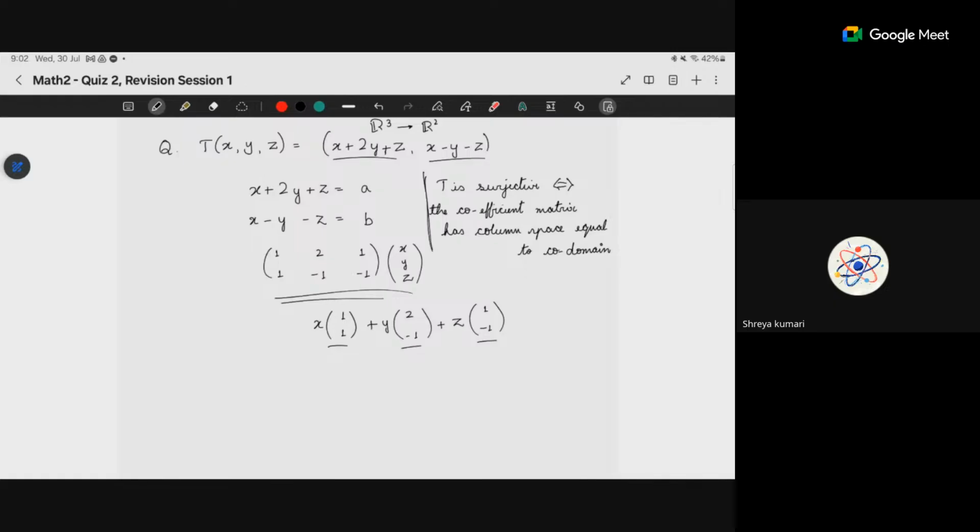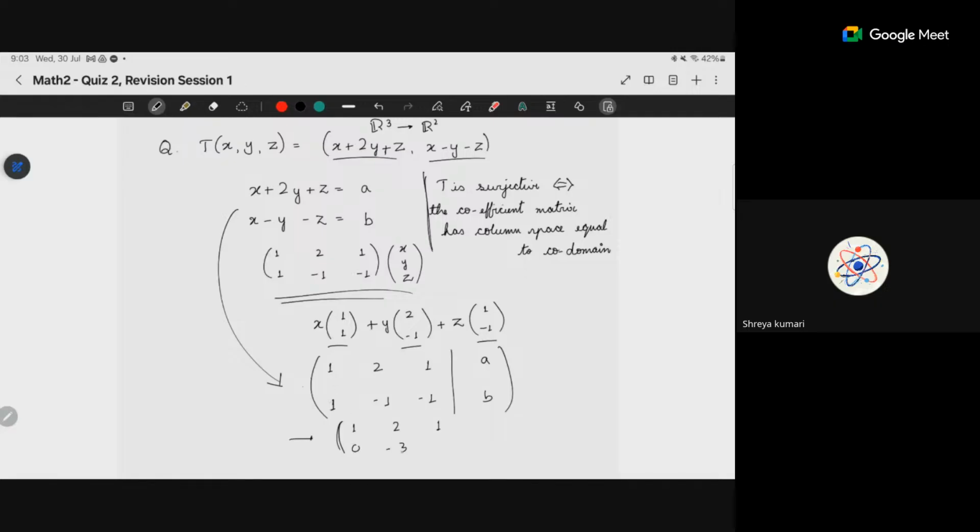In fact, if you want to have more clarity, take this system of equations, write this augmented matrix, and then continue to take it to its row echelon form. What do I get?